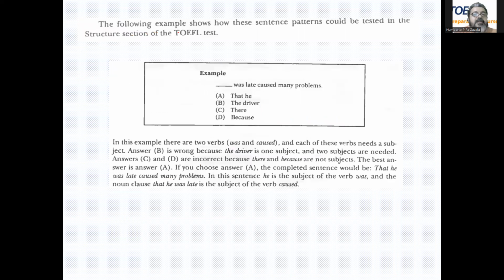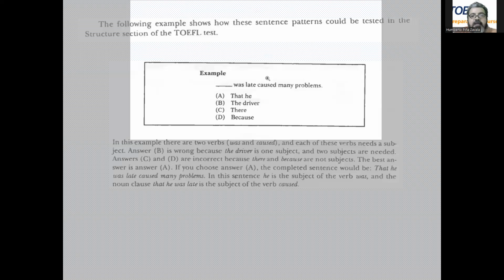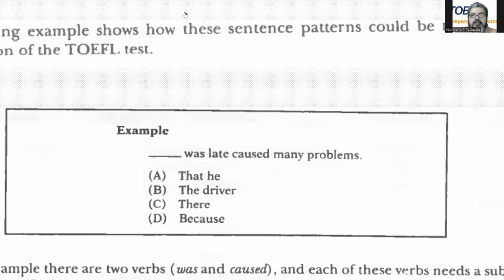All right. The following example shows how these sentence patterns could be tested in the structure section of the TOEFL test. As usual, look at it and go for the basics. You got "was late." That's the verb. So here, we're going to need a connector. Also, we're missing a subject.